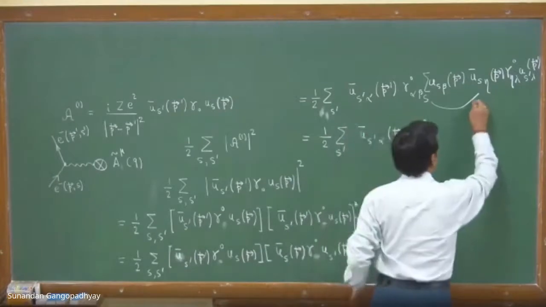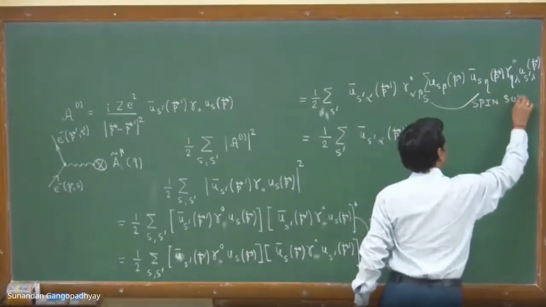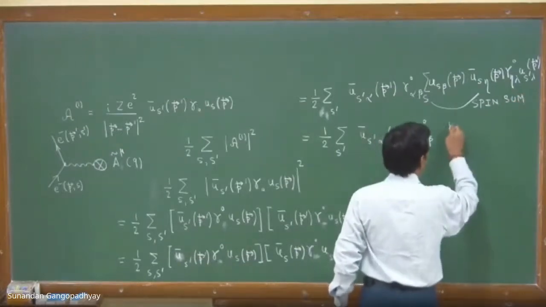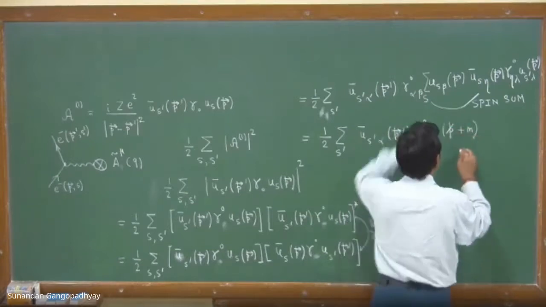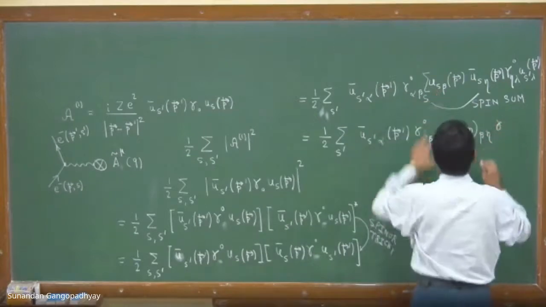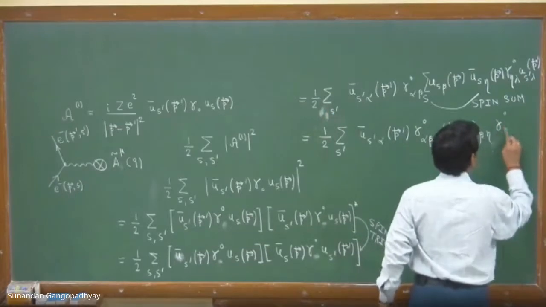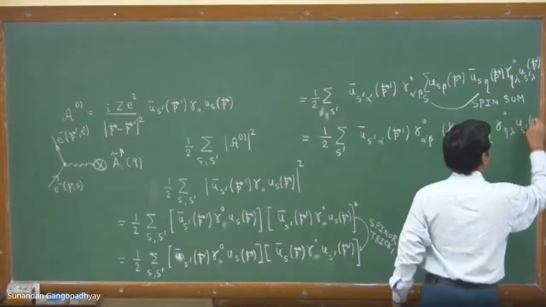Now you use the spin sum trick at this point, and this will give us P slash plus m beta. So you can see that one of the summations over S is gone now. Gamma 0 beta lambda is prime lambda.